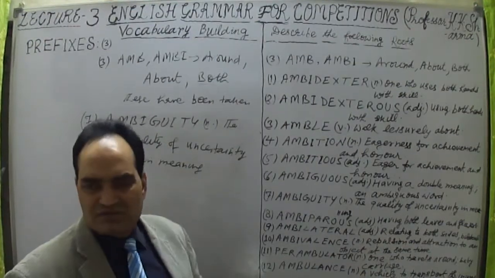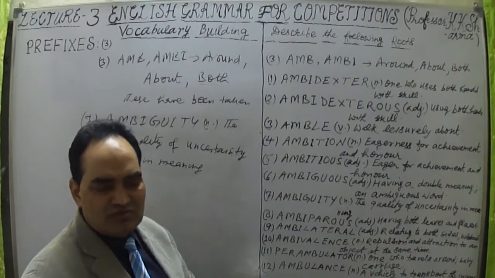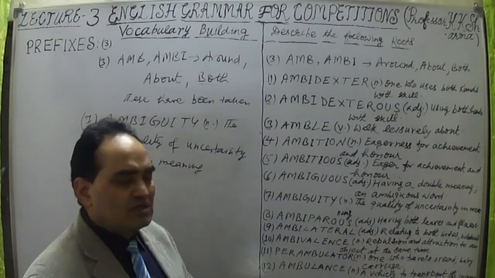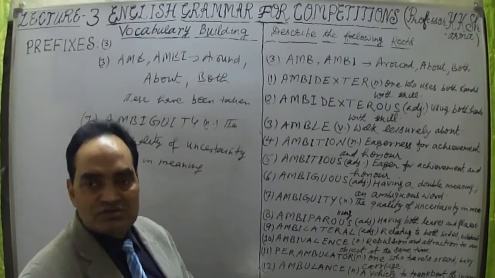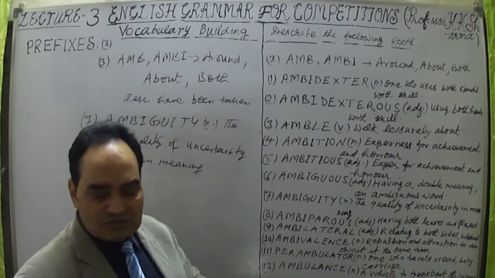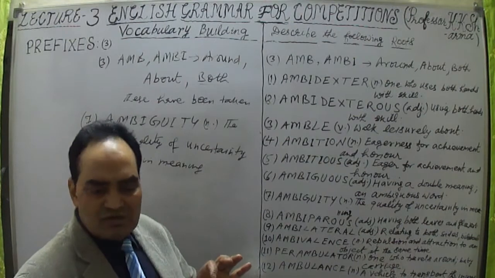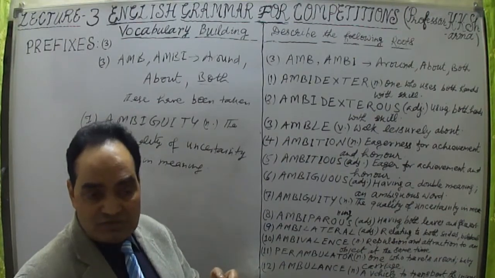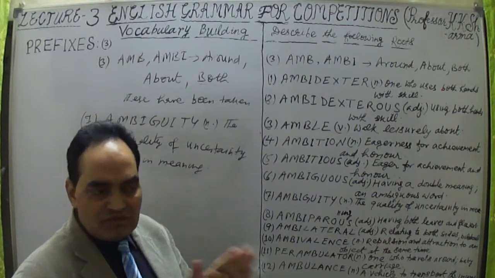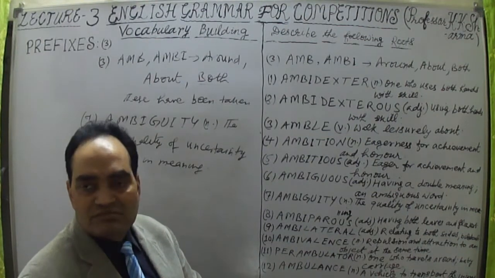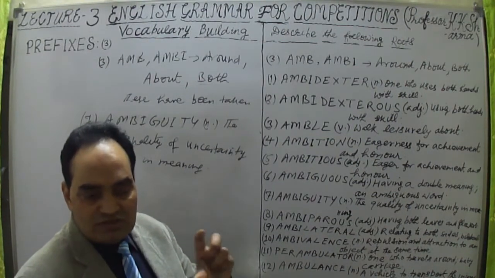Okay, ambiguity. There is some ambiguity. I'm not understanding what you mean by this. Then the person has explained his meaning. Okay, then I understood this. That means ambiguity is there when clarity is not given, because the word has a double meaning, double notation, double interpretation.